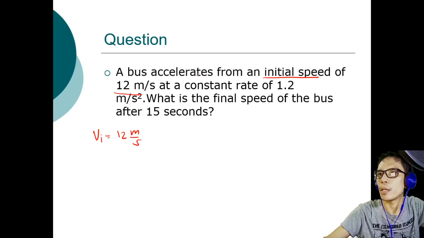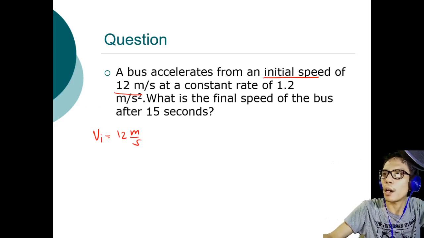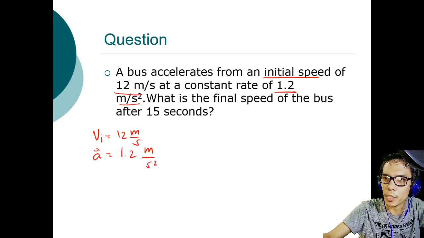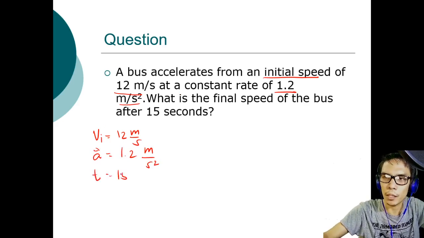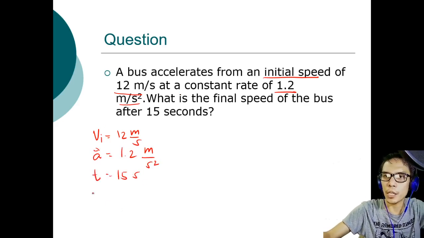Next, at a constant rate of 1.2 meters per second squared. This is the acceleration, so we have acceleration equal to 1.2 meters per second squared. Then the time is 15 seconds. The question here is, what is the final speed of the bus?